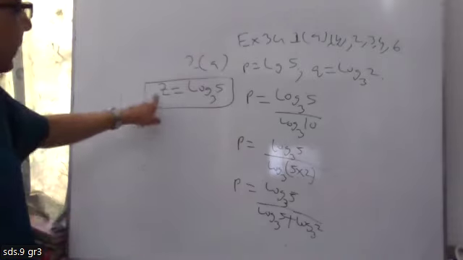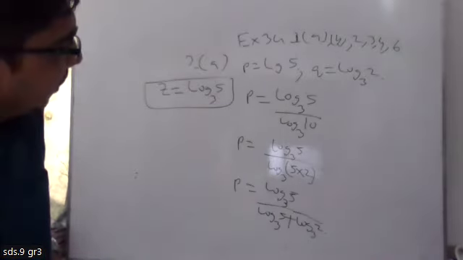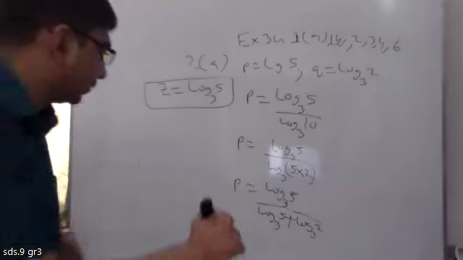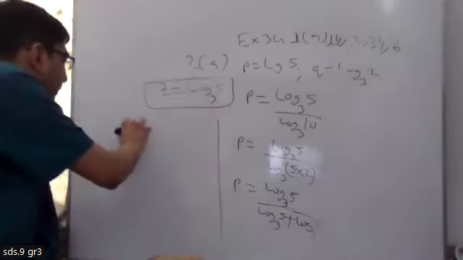Okay. So Z is, I just defined for my sake, the notation log 5 base 3. So this expression becomes what? P is equal to what?